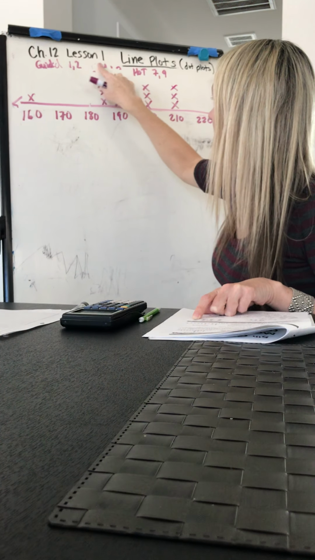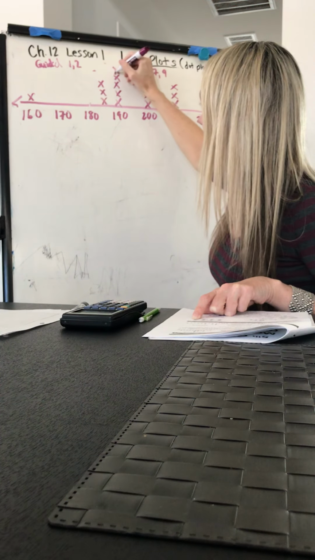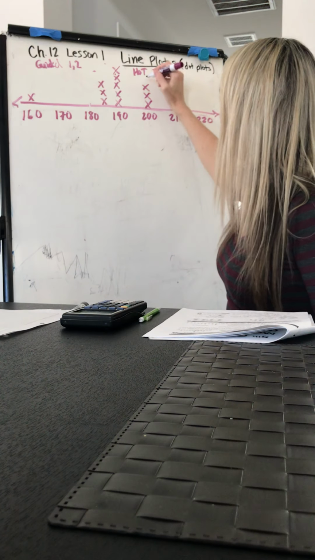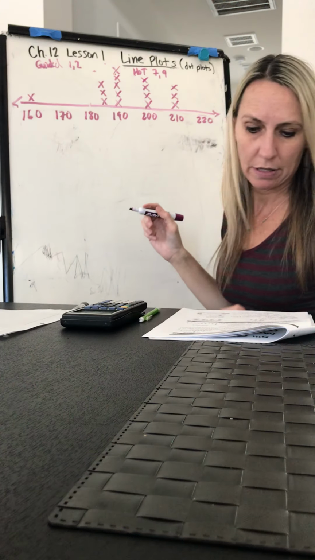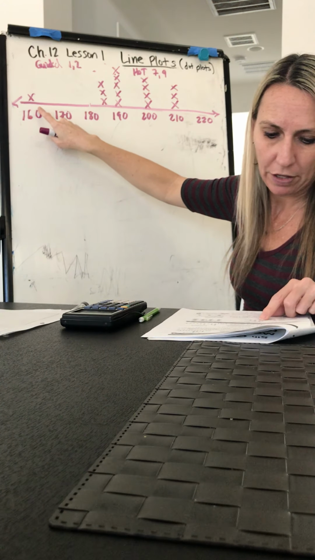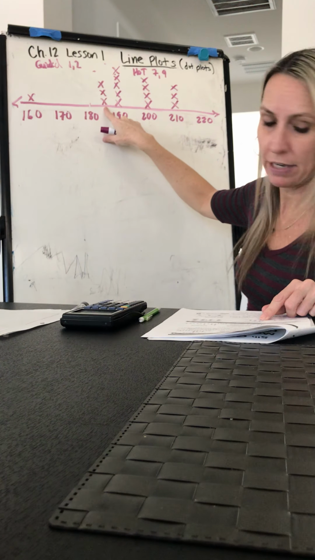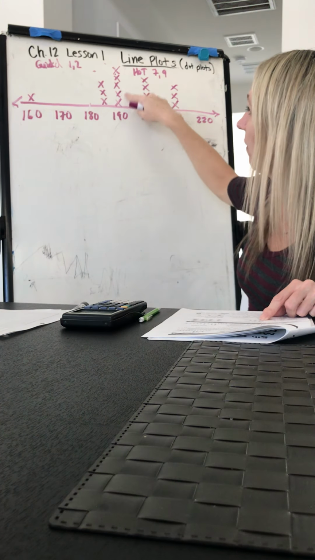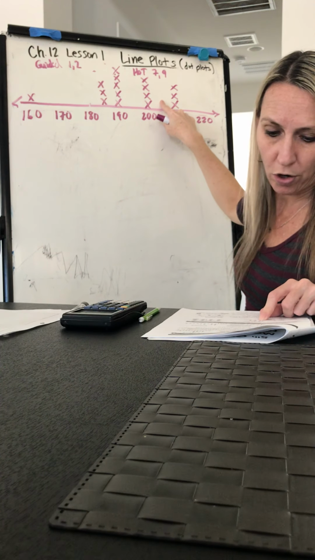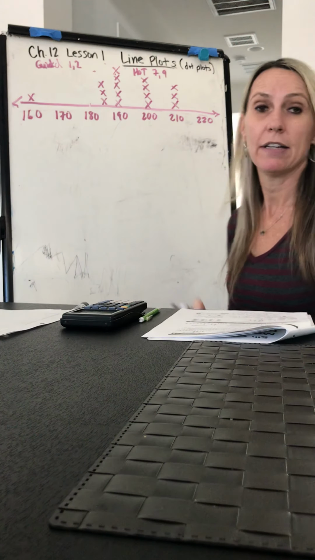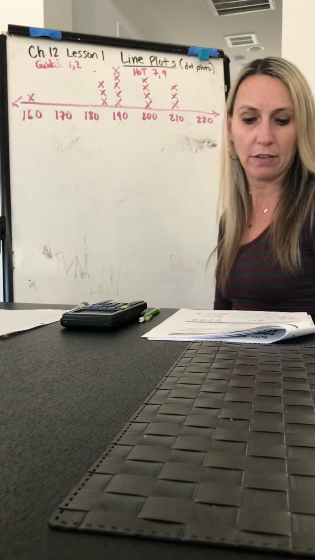I'm going to erase this. And then 200 right here. Okay, so looks like I have 1 at 160, 3 at 185, 5 at 190, 4 at 200, and 3 at 210. Okay, and so that there is your line plot.